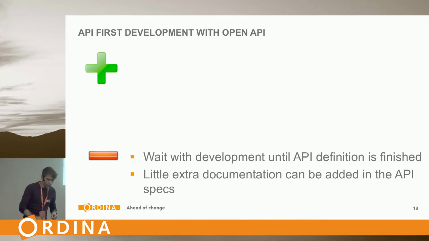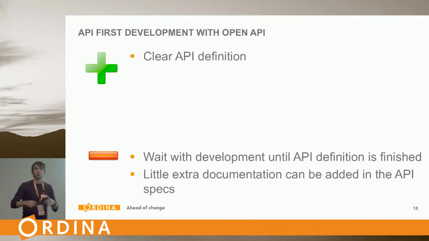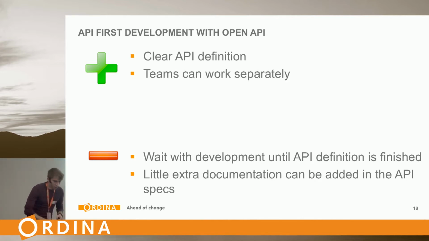But on the plus side, we have this clear API definition, because we are thinking about our API first, and we know how we will communicate, and this is how we tackle the problem of communication between teams, which is always one of the big hassles in IT. Because from now on, if we define our API first, teams can start developing separately.